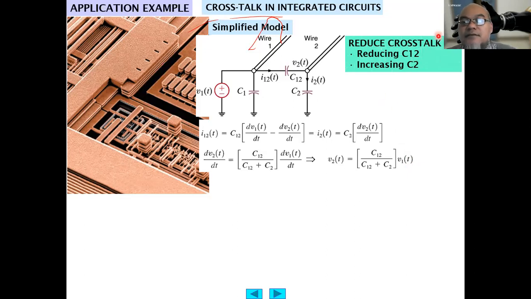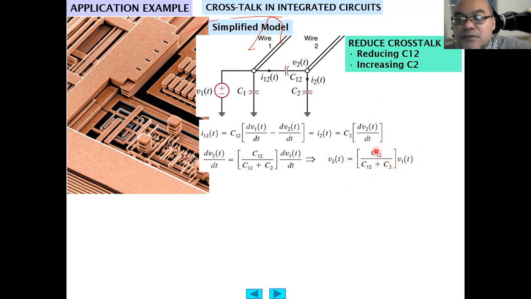So it means we can reduce this crosstalk. If you want to reduce crosstalk, the V2 should be as small as possible. This can be done by increasing C2. By increasing C2, the denominator becomes larger, so the whole term becomes smaller.